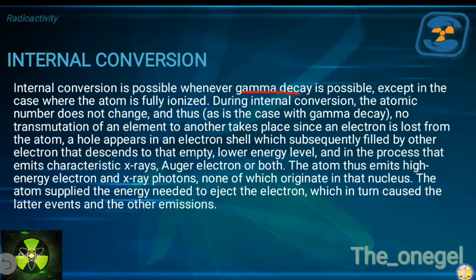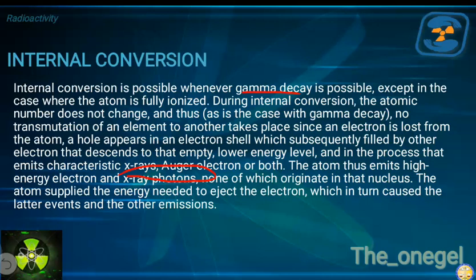So, the atom thus emits high-energy electron and X-ray photons. So, pumapasok na dito si X-ray. Kasi si gamma, actually, electromagnetic radiation siya. Pero, the origin is from the nucleus. Si X-ray kasi, ang origin niya is from the electron shell. Kaya, papasok na dito si X-ray.